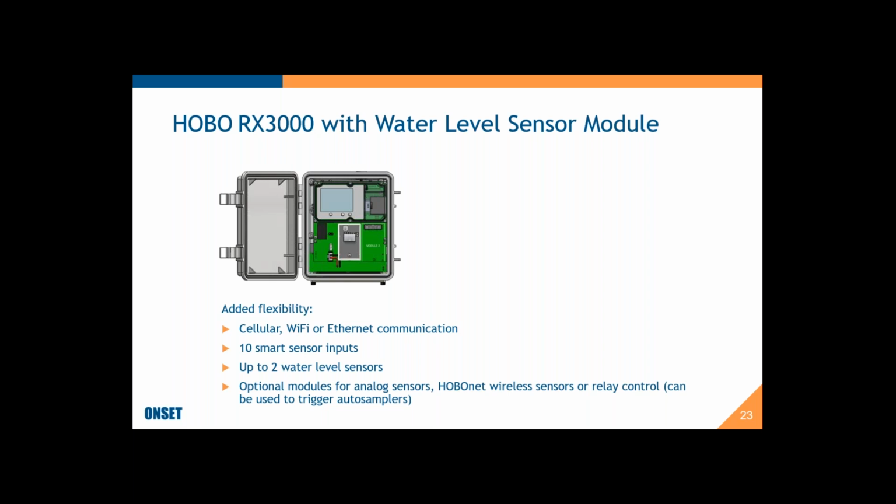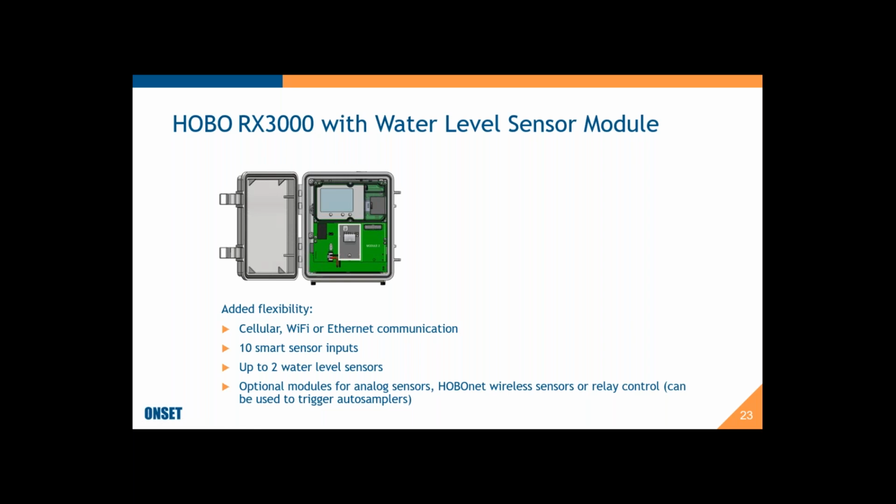We also have a module for wireless sensors if you want to monitor other environmental parameters in the area or stream temperatures perhaps. We also have a relay control module. A couple of the people in the questions that were sent in advance were asking about being able to trigger auto samplers, and yes, you can use the relays in the RX3000 to trigger an auto sampler at the site.